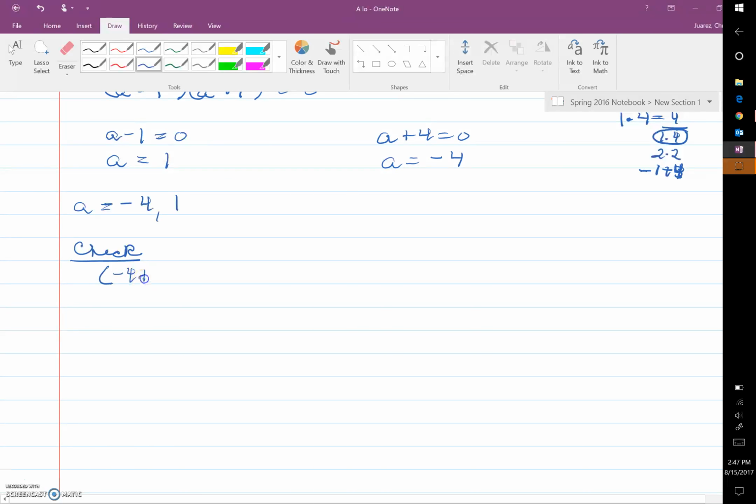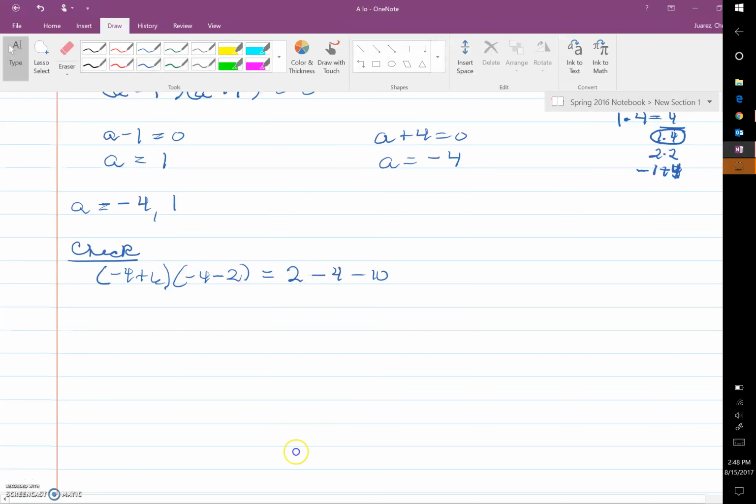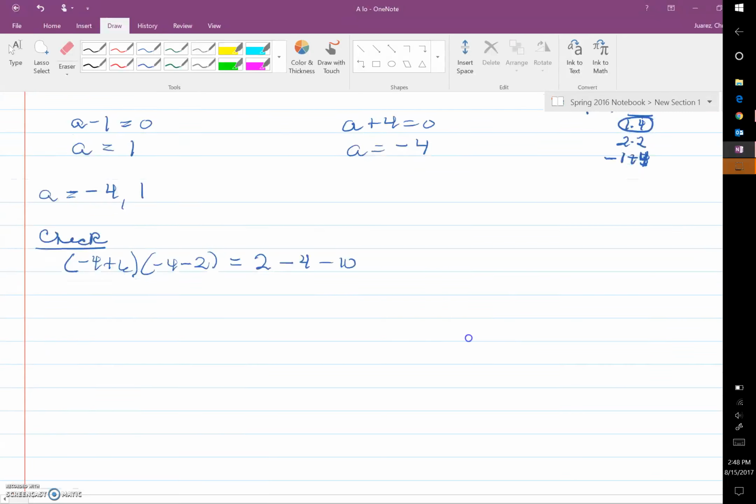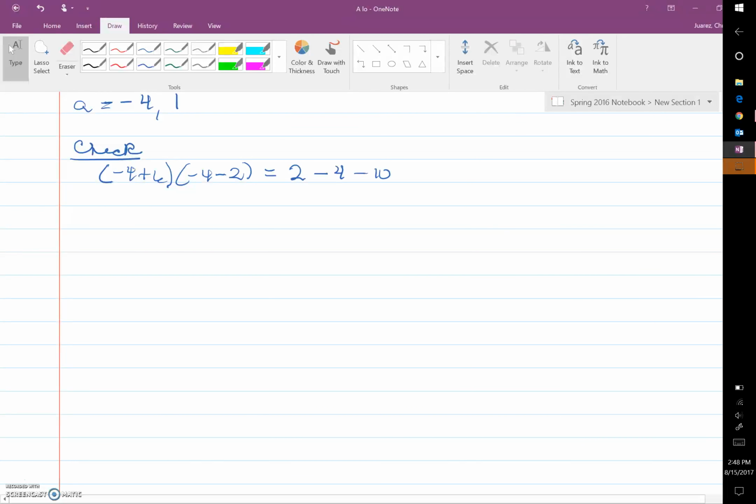So negative 4 plus 6 and negative 4 minus 2 equals 2 minus 4 minus 10. And now, because we're checking, we never ever go across the equal sign.